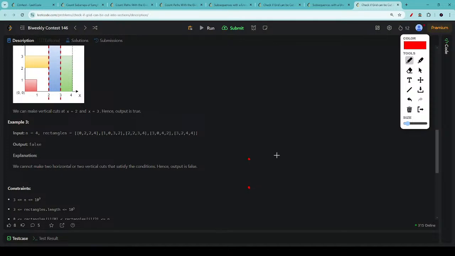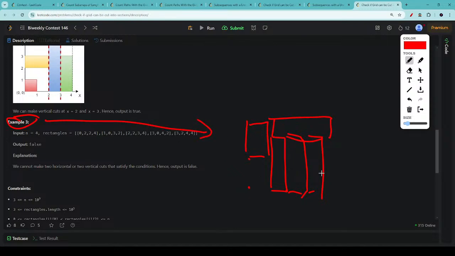For example 3, I think it looks something like this. And in this example, there's no way you can make any cuts. Oh, you can actually make a cut here, but there's no way to make 2 cuts without going through some rectangle.